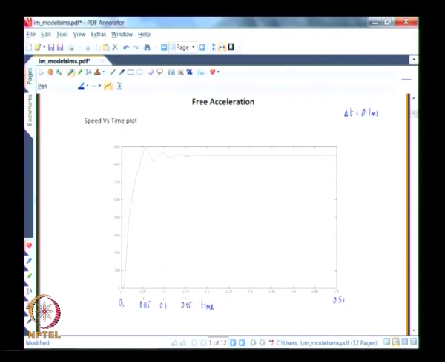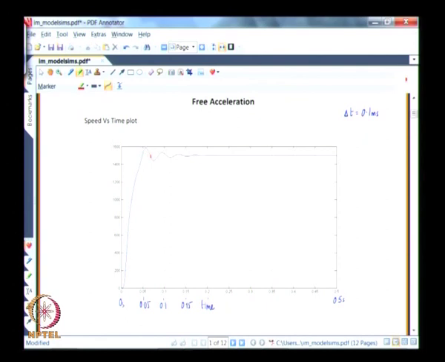Now, what we see from this graph is that the speed starts at 0 and then accelerates very rapidly and reaches a value which is 1500 rpm. This level is about 1499 rpm.